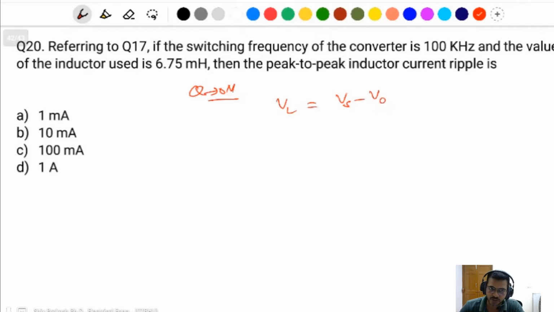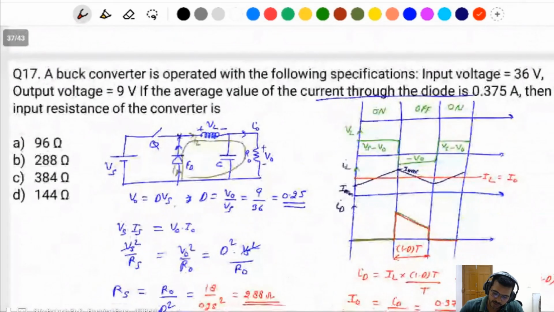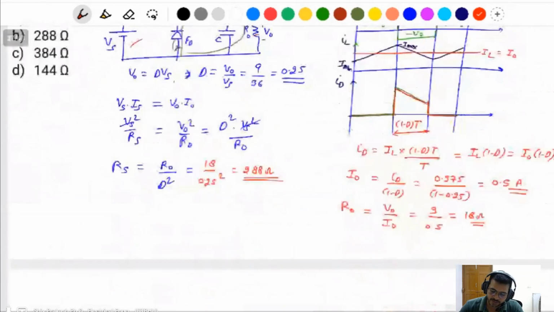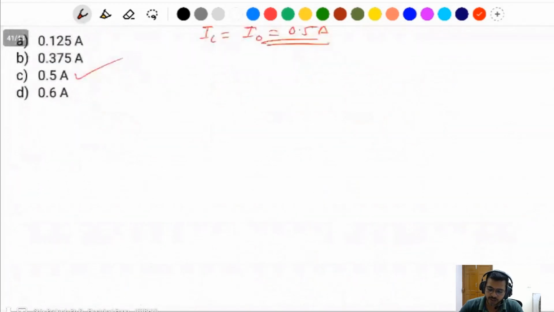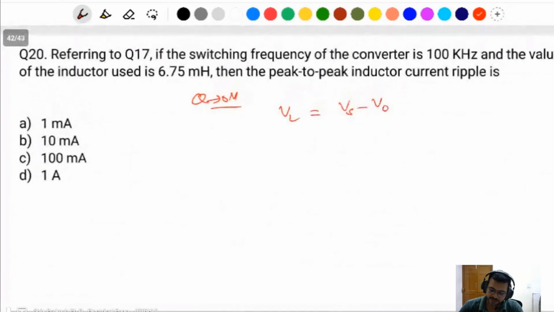This is for question number 17, which is given as a buck converter. When the switch is on, VL will be Vs minus V naught by KVL. For the boost converter, it will be only Vs.